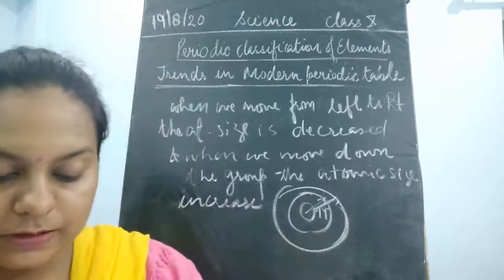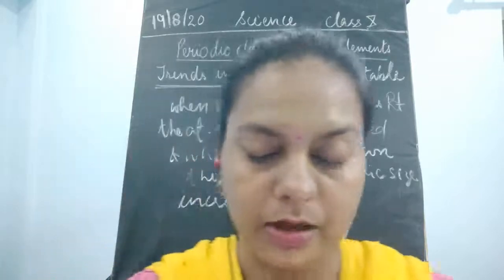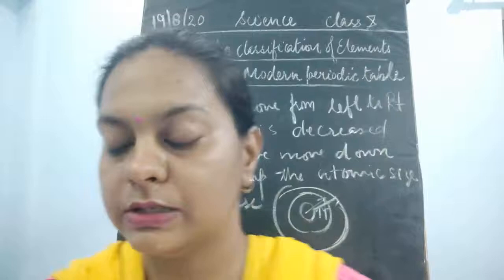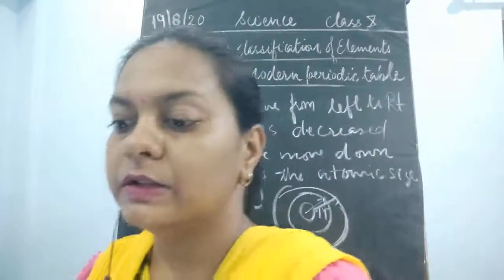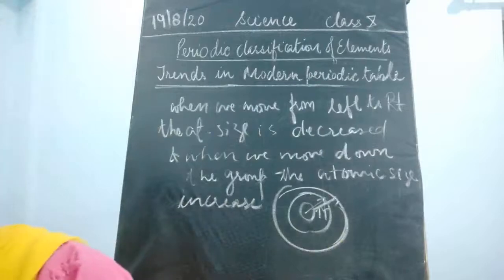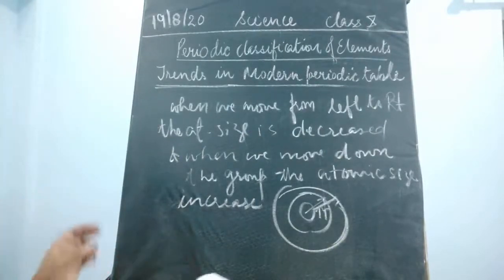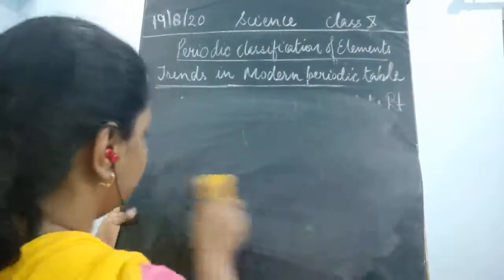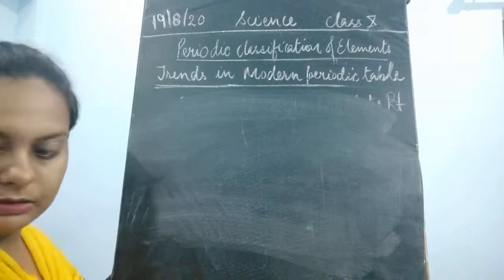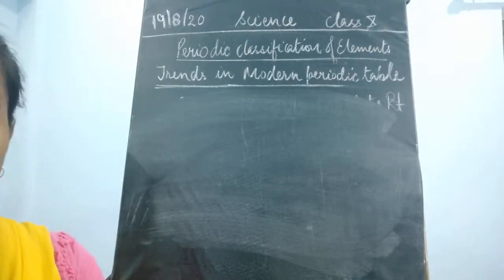So what happens whenever we are moving from above to down? We need to discuss this. I think we have not discussed this earlier, so I am going to draw this for you all, and it will be easy to understand. We'll draw all the group 1 elements, and after that, we'll write down the atomic radius.